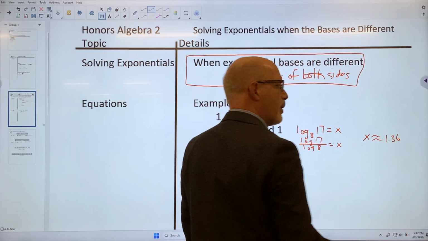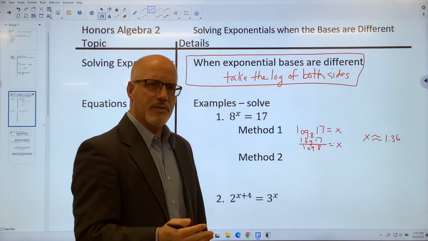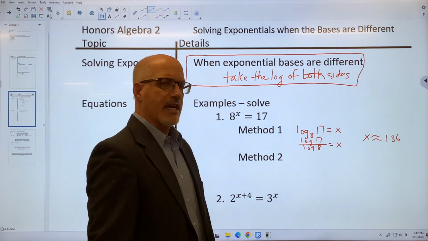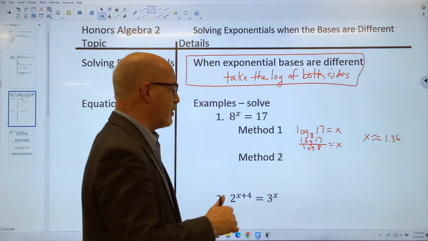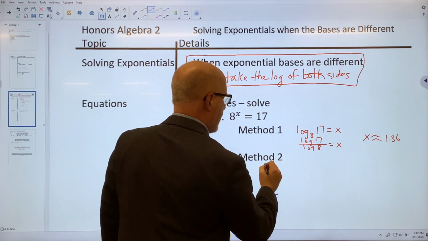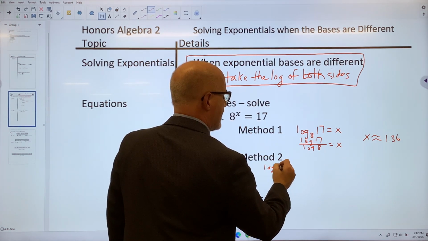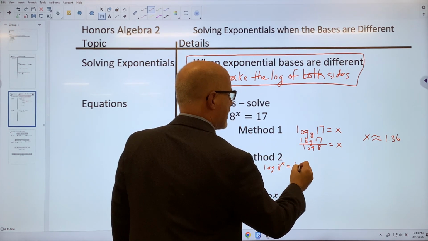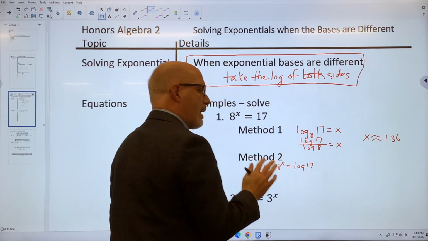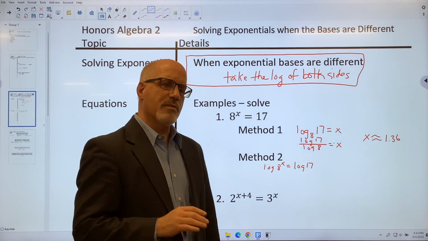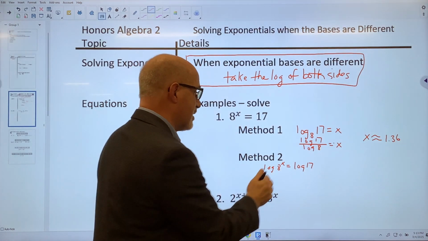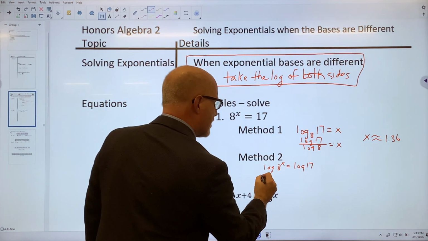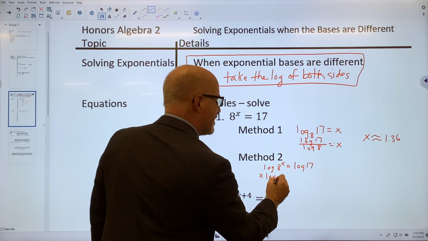So that is the quickest way, and it's a method to do it, especially when you have just one variable in the exponent. But now let's use our new technique. We're going to take the log of both sides. So for this, we're going to have log of 8 to the x equals log of 17. Now we have a property of logarithms that when you have an exponent inside of a log, you can bring it in front. So I can bring that x in front of the log of 8.